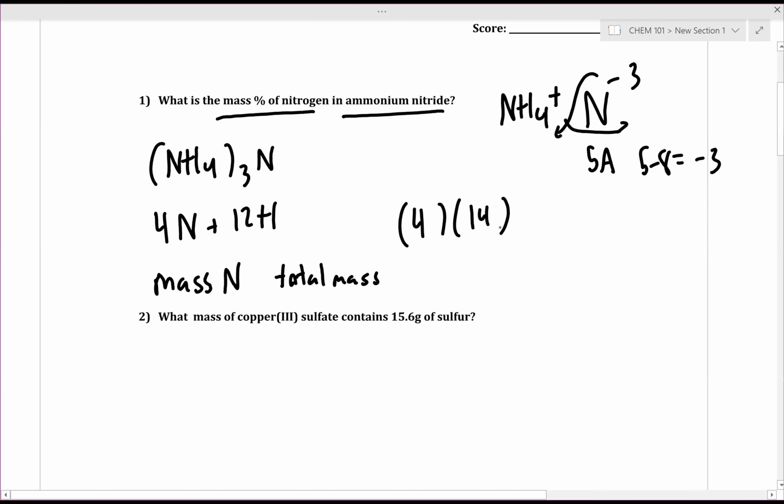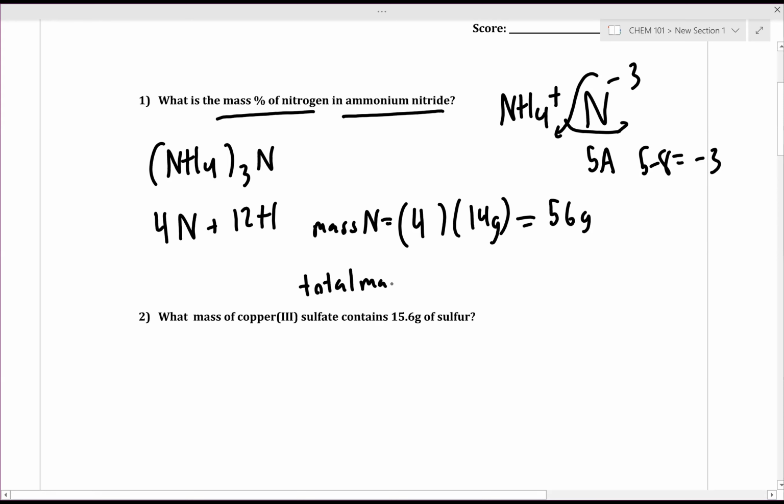Okay, so then if we're calculating the mass of nitrogen, 4 times 14, punching that into our calculator, gives us a mass of 56 grams of nitrogen. We can repeat this calculation for our total mass.